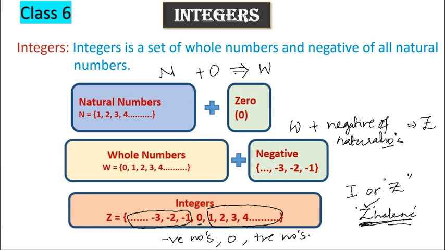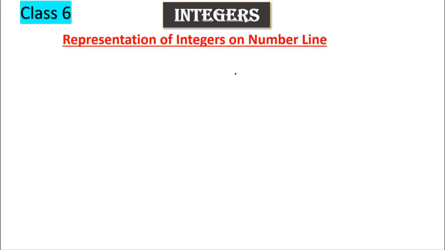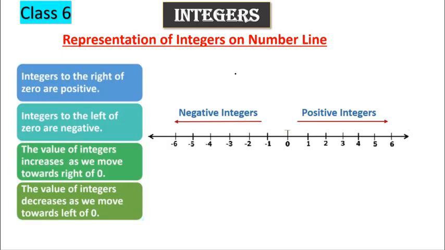To represent this set of integers on a number line, we need to have a number line first. Then we need to represent it like this: 0 at the center, positive numbers towards the right side, negative numbers towards the left side, and very importantly, the distance between consecutive numbers is the same.